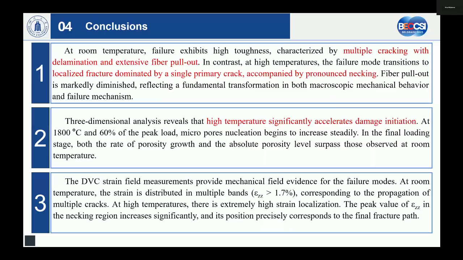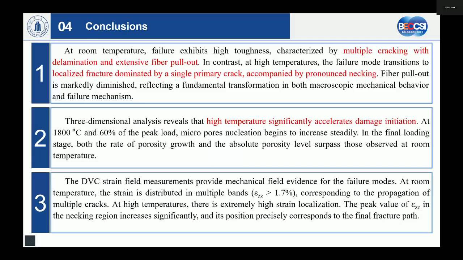In contrast, at high temperature, the failure is characterized by local fracture dominated by a single primary crack, combined with pronounced necking.